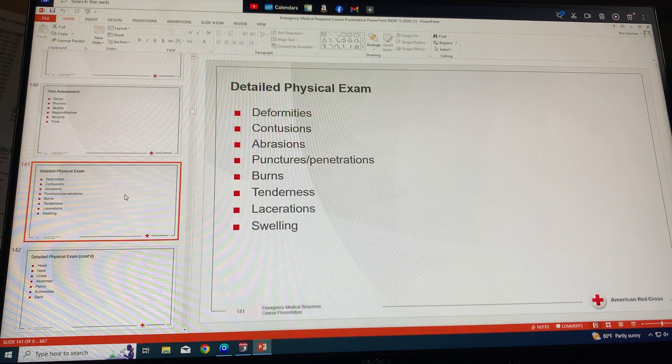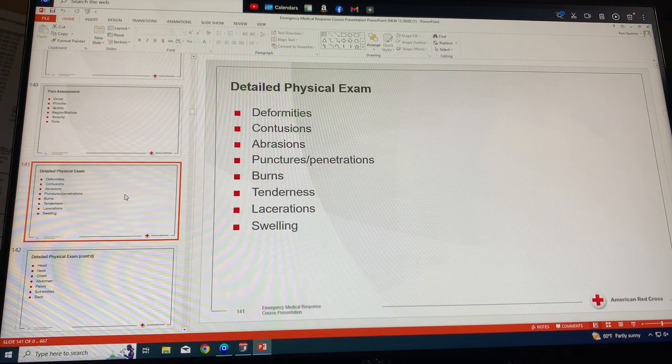The letters stand for deformities, contusions, abrasions, punctures/penetrations, burns, tenderness, lacerations, swelling. Keep these types of injuries in mind as you check each major area. Remember to use each of your senses. Many of these types of injuries can be seen upon examination.